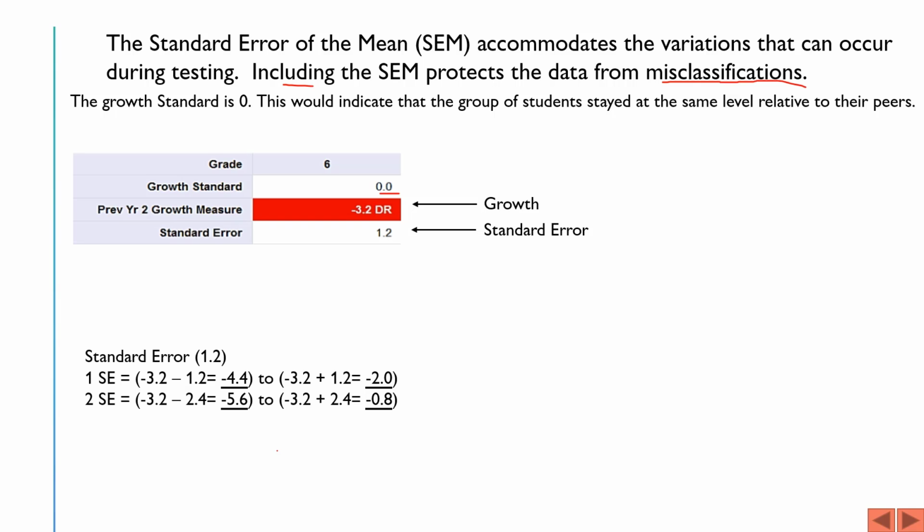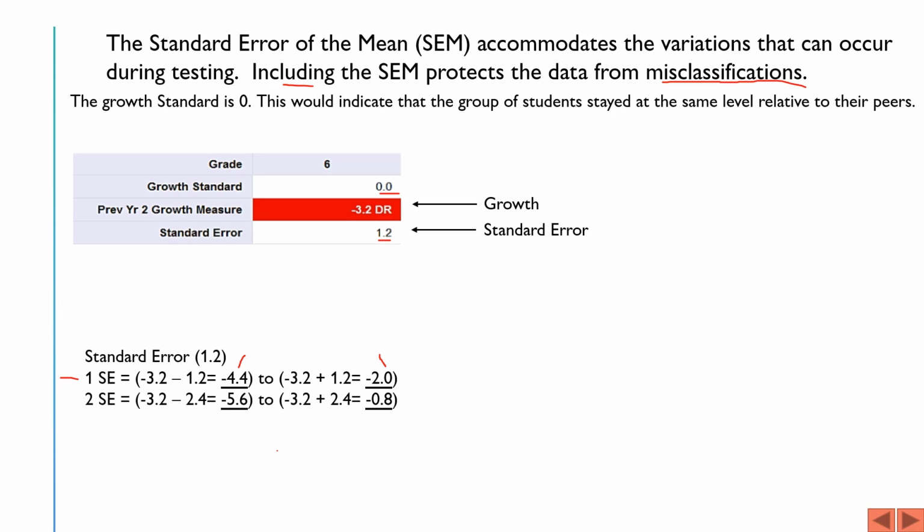This group of students, in this case, for a 2-year period, had a negative growth of negative 3.2. The DR stands for dark red, and we'll look at the chart here in just a little bit to see where that comes from. The standard error in this case is 1.2. With a standard error of 1.2, and one standard error would mean that it could go above or below negative 3.2, so that it could be as low as negative 4.4 or as high as negative 2.